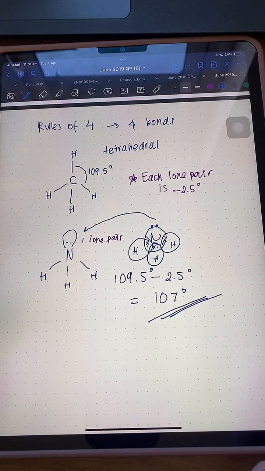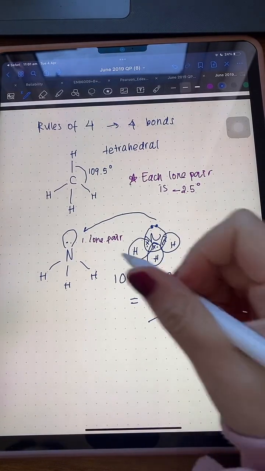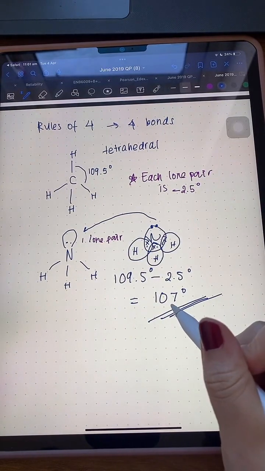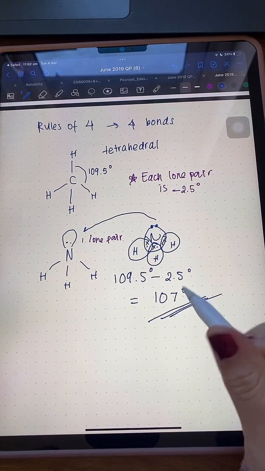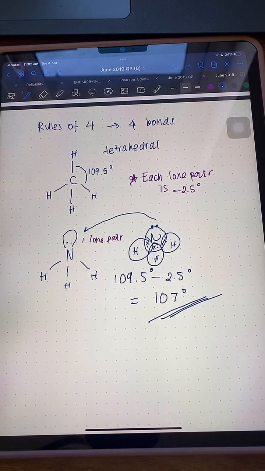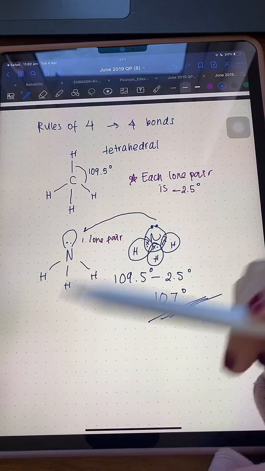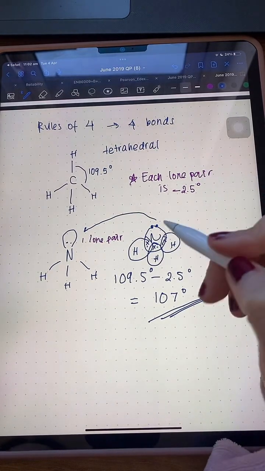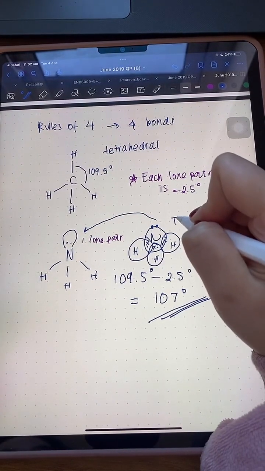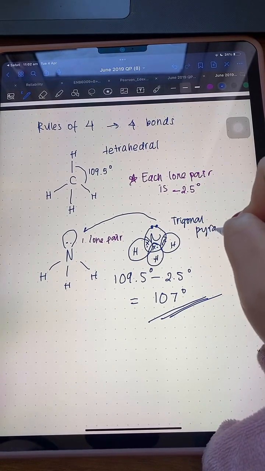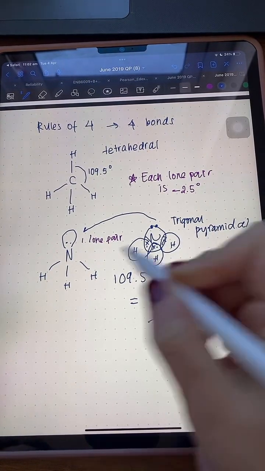That's how you know that you have the angle of 107 degrees. You can see here that I didn't even memorize that. All I did was memorize that one, and I went through and followed along with the rest. The shape for this one is trigonal pyramidal, or you can just say pyramidal. Kind of looks like a pyramid, so you can just think of it that way.